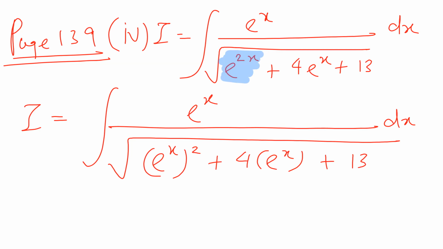Anyone can suggest what should be the next step, because I'm not going to solve this entirely. This is equation number 1. So put e raised to x is equal to t.